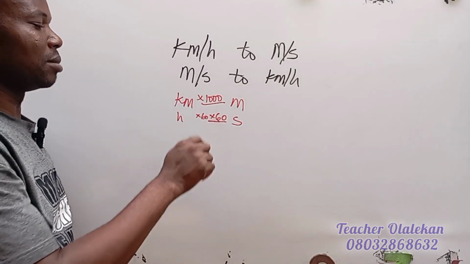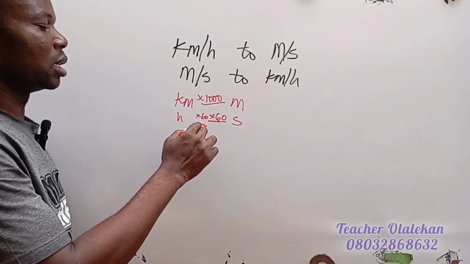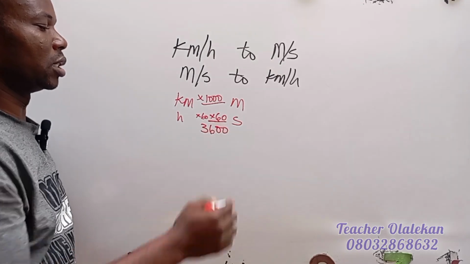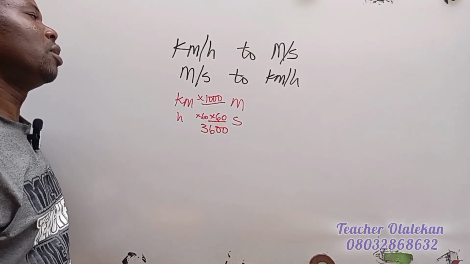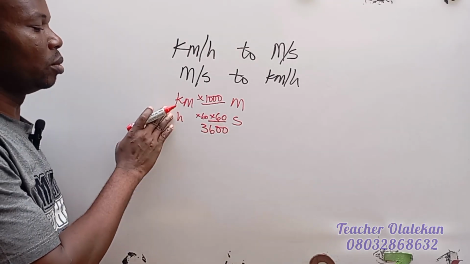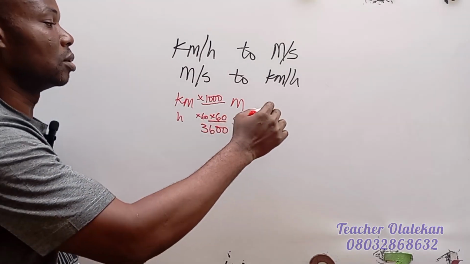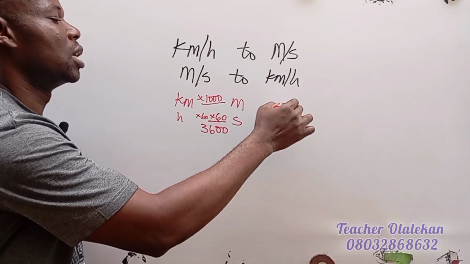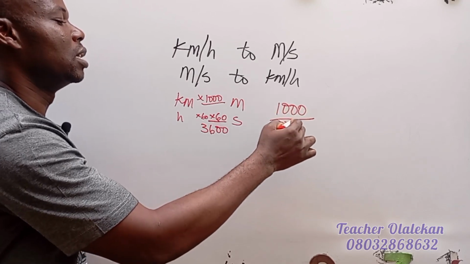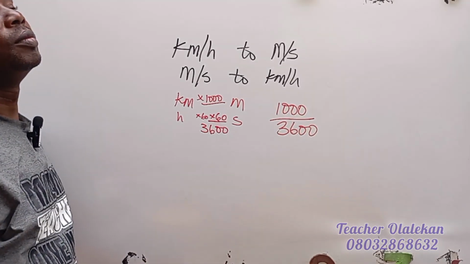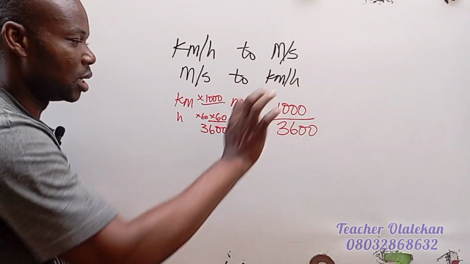So 60 times 60 will give you 3600. So if we are taking kilometer per hour to meter per second, you have to use 1000 over 3600. So this is the logic.